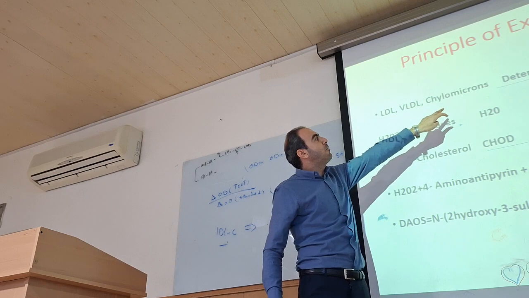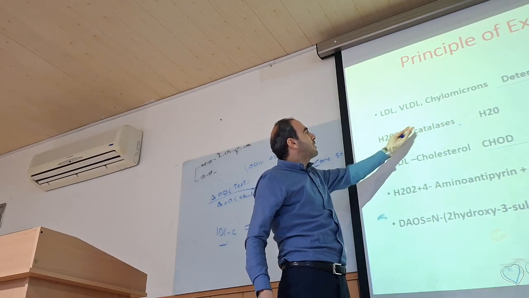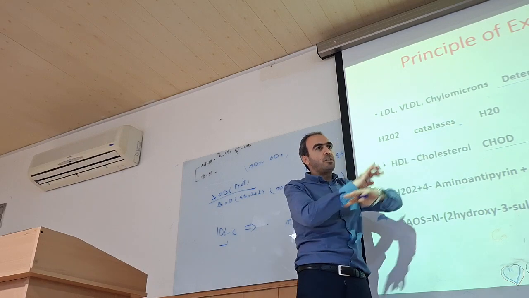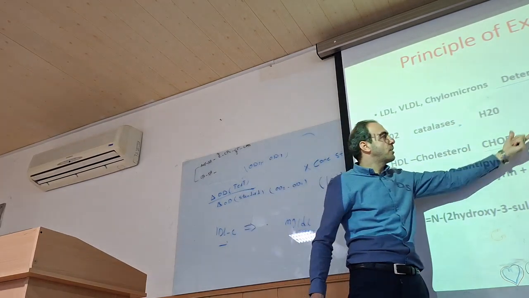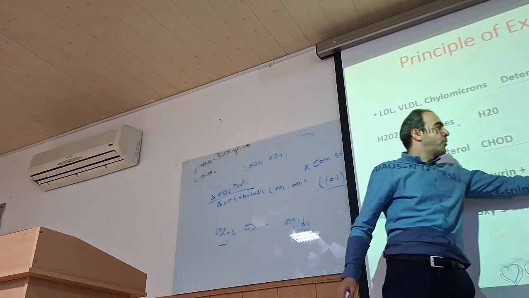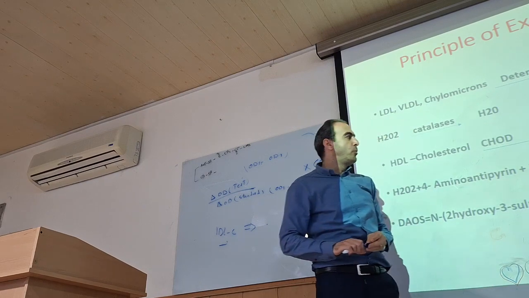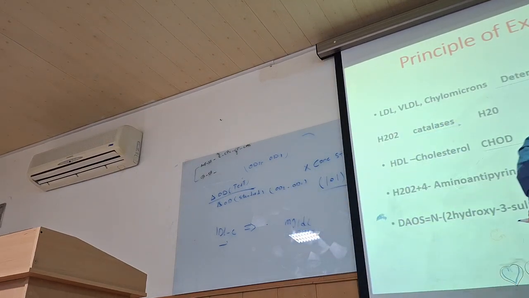LDL, VLDL, chylomicron are destroyed by detergent and produce H2O2, converted to H2O, and that is finished. Then the HDL, which was protected, by cholesterol oxidase produces H2O2, and this H2O2 by peroxidase produces a blue color complex, and we will measure it by this system.